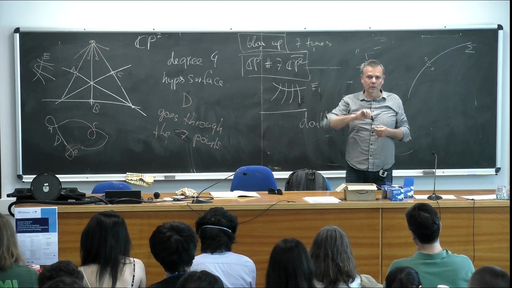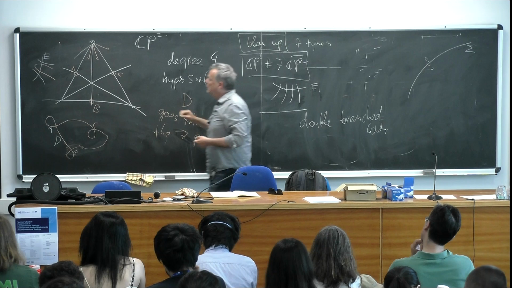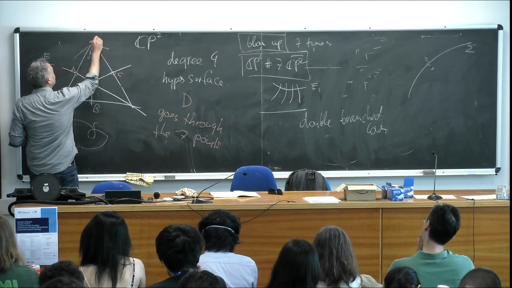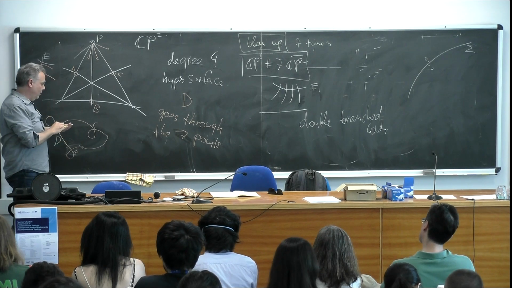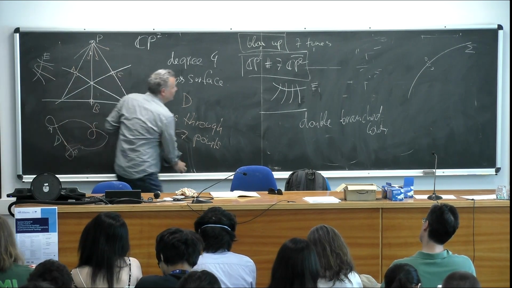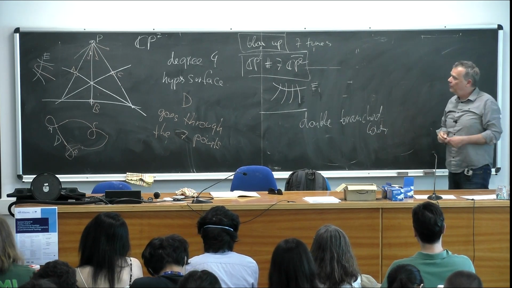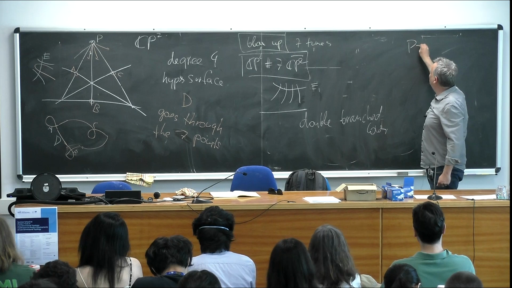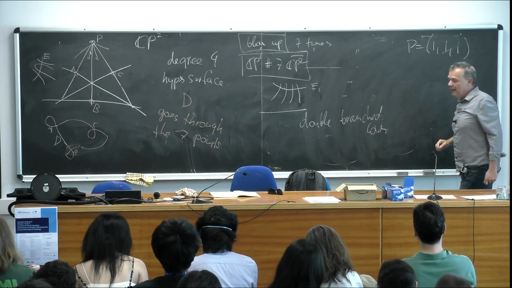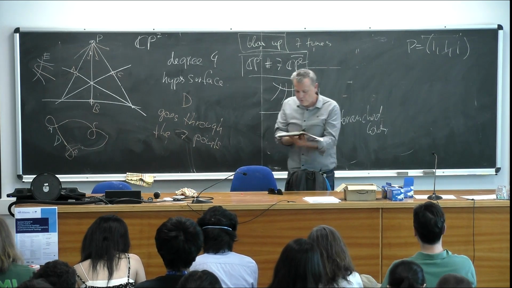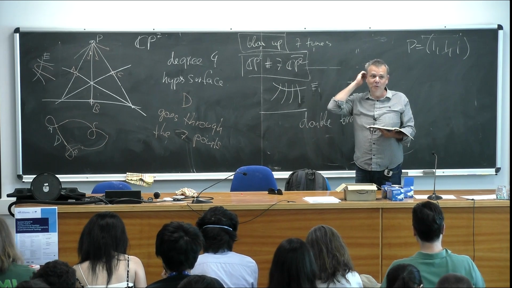What it means is that I'm going to choose a direction from this point. This is my special point, and to be more concrete, I will choose P to be (1, 1, 1). Because we really want to not just abstractly understand what's going on, since that will not be enough, unfortunately.